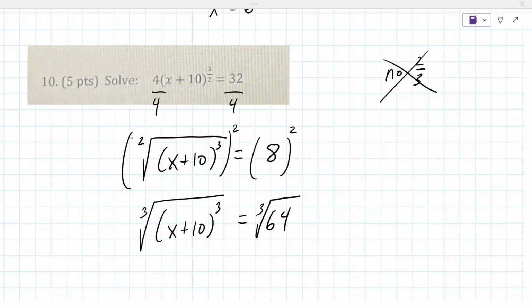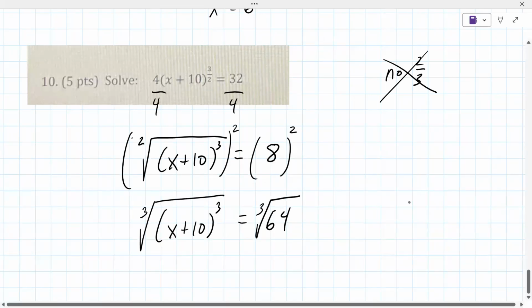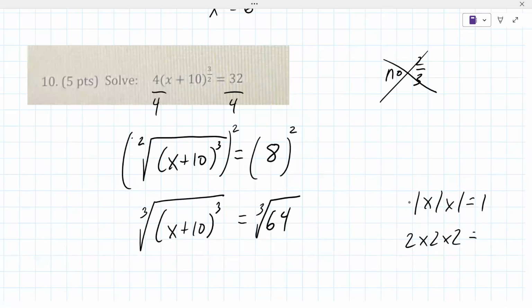I don't know, because 21 wouldn't work. Right, that's way too big. 1 times 1 times 1 is 1. That's too small. What's 2 times 2 times 2? 8. Okay, that's too small. So keep going. Do 3 times 3 times 3 until you find the right number.